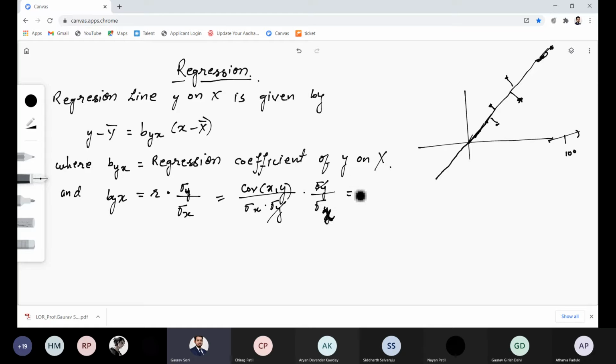So this is equal to covariance of xy, so we have got byx is equal to covariance of xy upon sigma x square. So both the ways we can find out the answer.